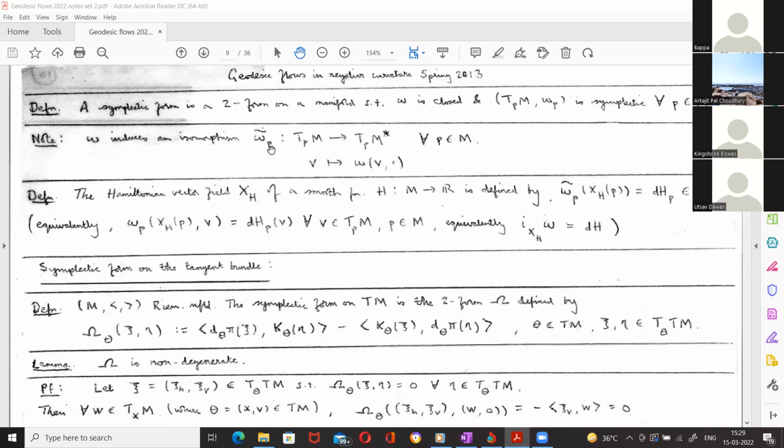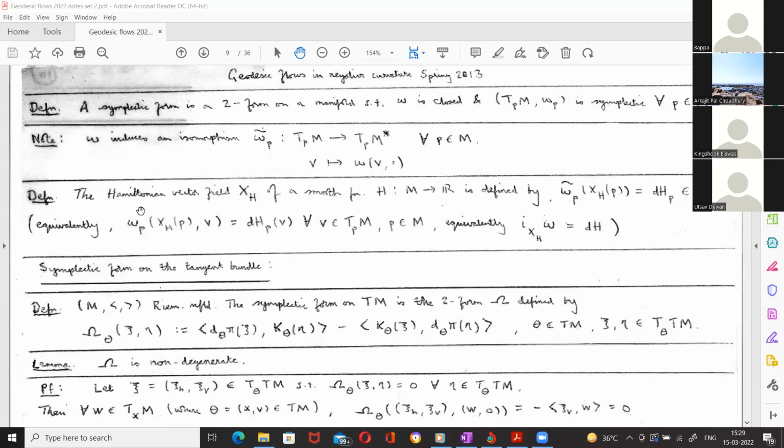As we've already said, since omega at each point is symplectic, it induces an isomorphism from the tangent space TpM to the dual space TpM star at each point, right? So now, just like we defined for a Riemannian manifold, we could define the gradient vector field of a smooth function, because the inner product gave us an isomorphism from TpM to TpM star.